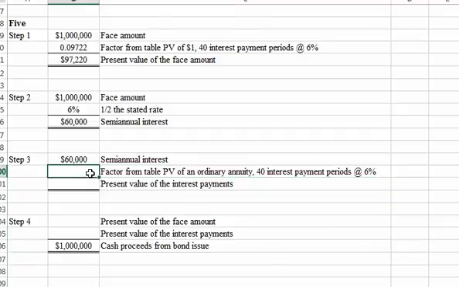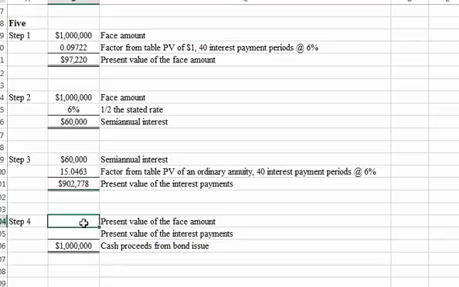So we go to our table, present value of an ordinary annuity, on page P-4. Okay, we come down to 40 periods and across until we find 6%. 15.04630 gives $902,778.